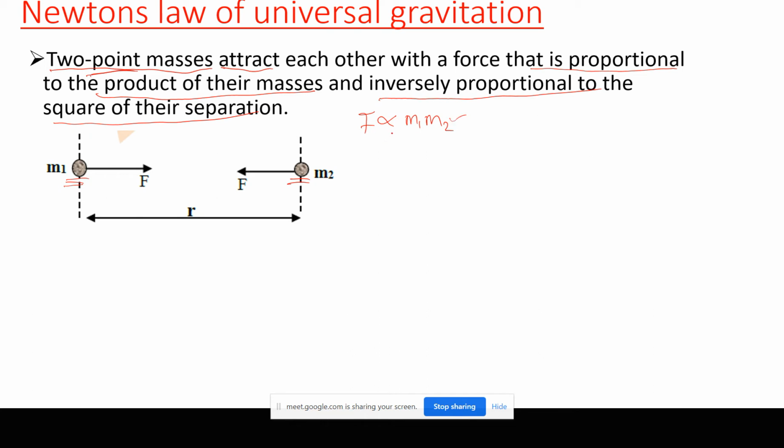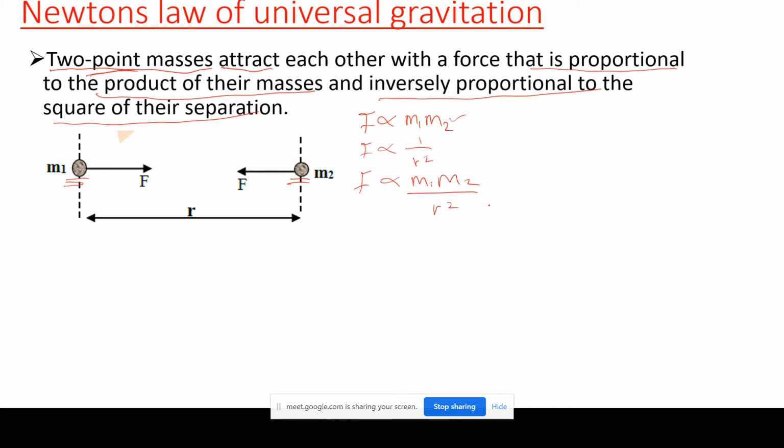Also the force is inversely proportional to the square of the distance between the centers of these masses. So when we combine these two expressions, the force is directly proportional to the product of the masses and inversely proportional to the square of the distance between the two masses.